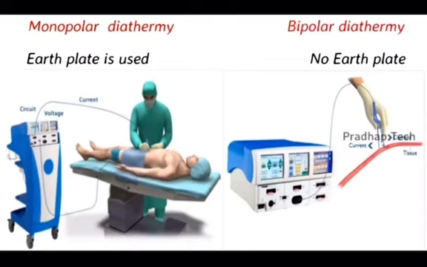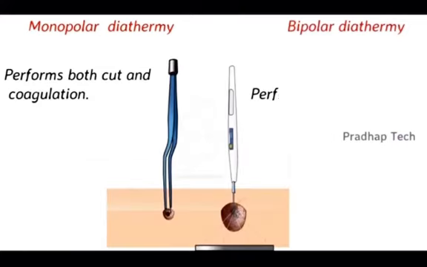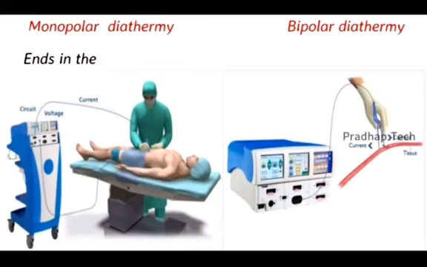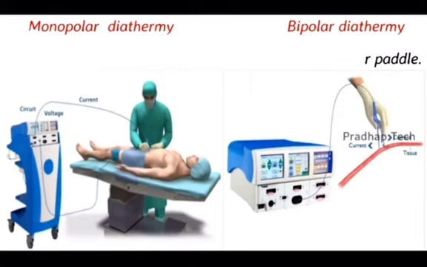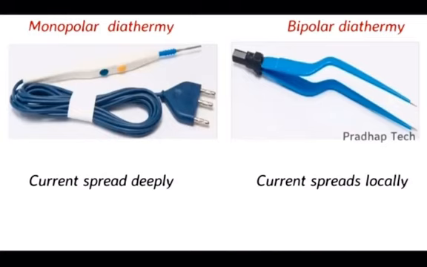In monopolar, the current comes from the tip and ends at the earth plate. In bipolar, current comes from one paddle and goes to the other paddle. As we mentioned, the current is localized and does not spread near the organs. There are some differences between monopolar and bipolar diathermy, which are important for both of them.